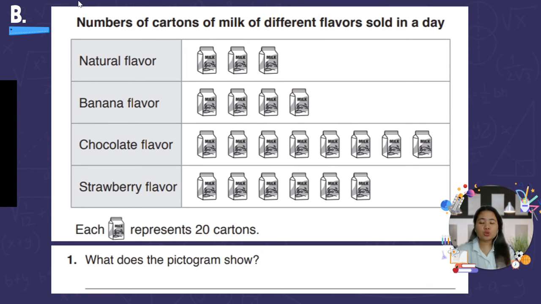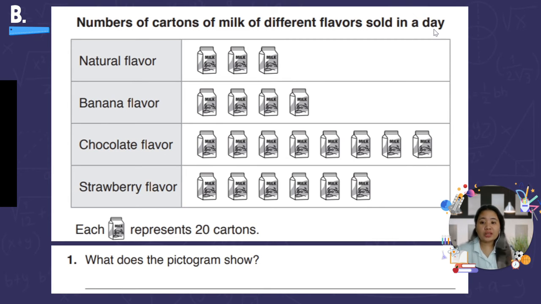In a pictogram, there is always a title so that you will know what we are looking for. The title is number of cartons of milk of different flavors sold in a day.